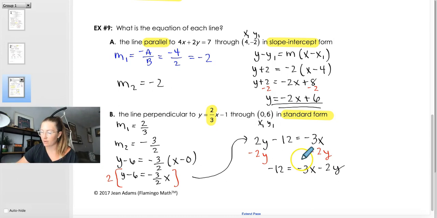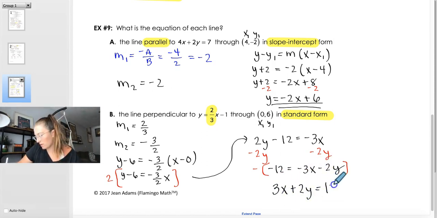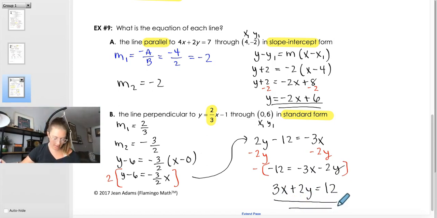We need this a value to be positive, so I'm going to multiply this entire thing by a negative, and I'm going to flip it at the same time. So remember, reflexive means I can just flip each side of the equal sign. So when I finally write this, I'm going to get a positive 3x plus 2y equals positive 12, and this would be our perpendicular line in standard form.